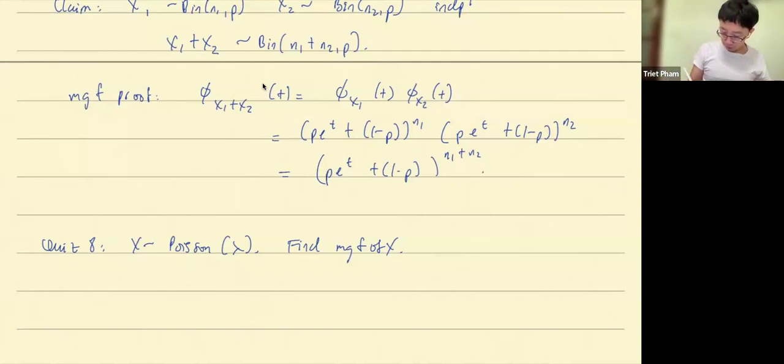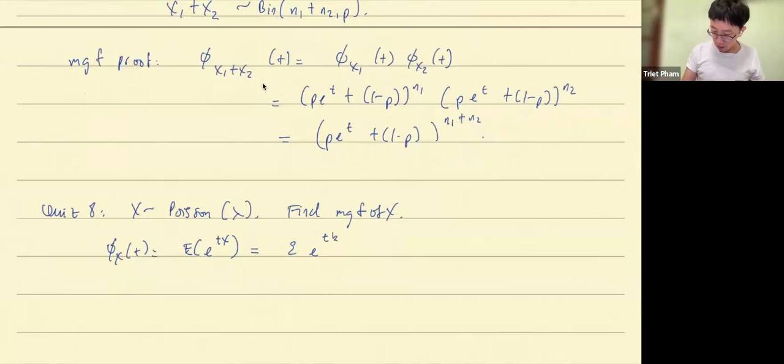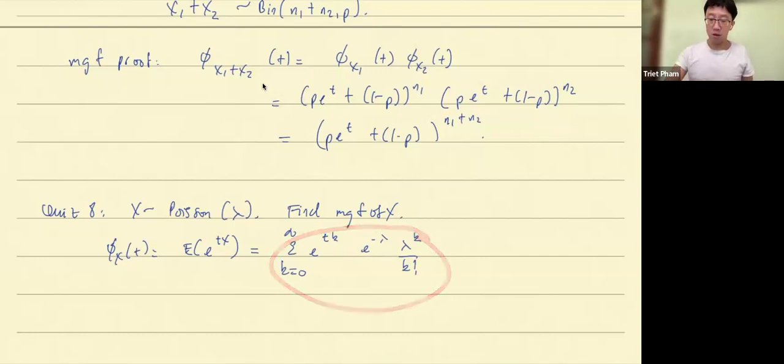We have to look at phi of X at t, which is the expectation of e to the tX, which will be the sum of e to the tk times the probability that X equals k, which is e to the minus lambda, lambda to the k over k factorial, where k runs from 0 to infinity. So that's the definition. How do we simplify this sum?